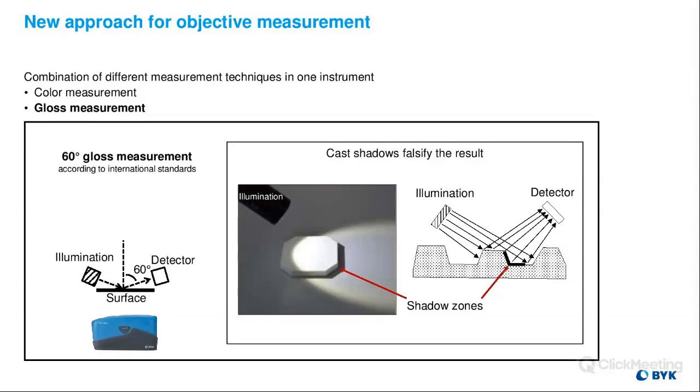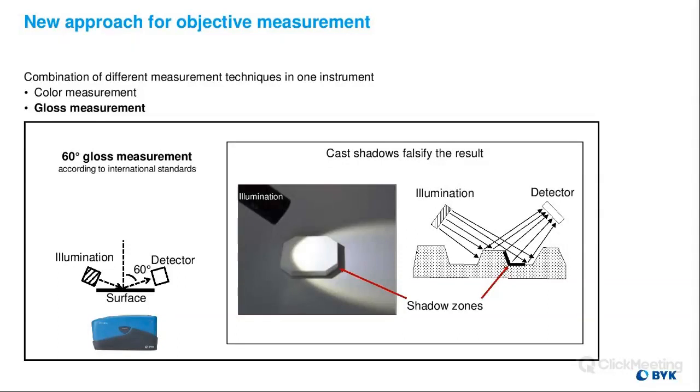That's the most commonly used gloss geometry. And so this instrument, the Spectra2 Profiler, does come with a built-in 60-degree gloss meter, which meets all of those standard international specifications that you guys are used to. It has the same great performance as our standalone microgloss meters, which you see here. So that is built into the device.